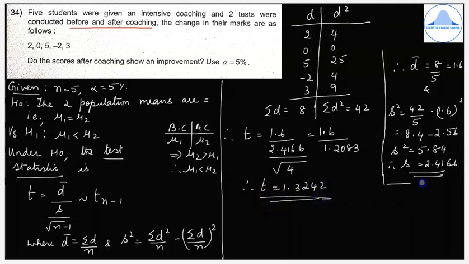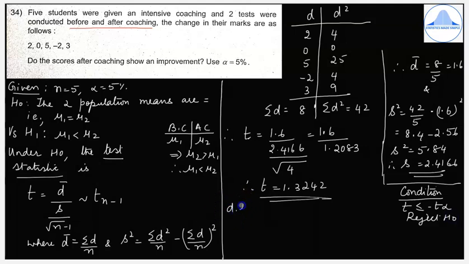Now, what is the condition which we have to use? For the t-test, which is a left-tailed test, the condition is t should be less than or equal to minus t alpha. If this condition is satisfied, you reject H naught, otherwise you accept H naught.